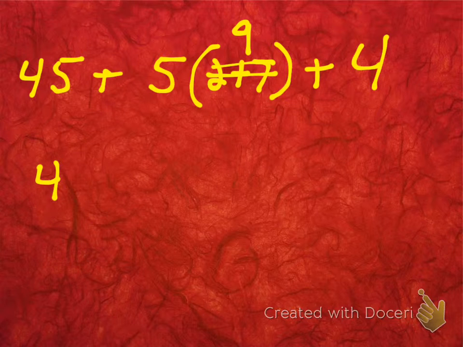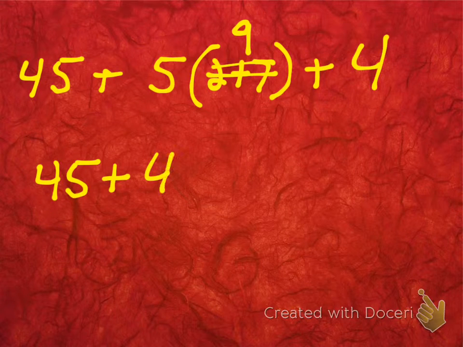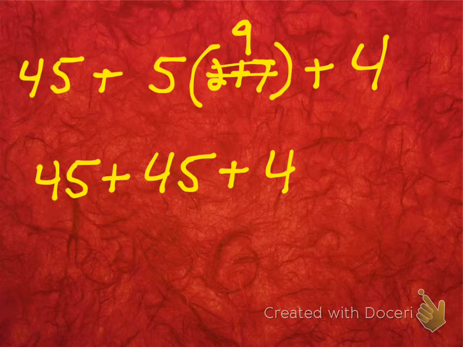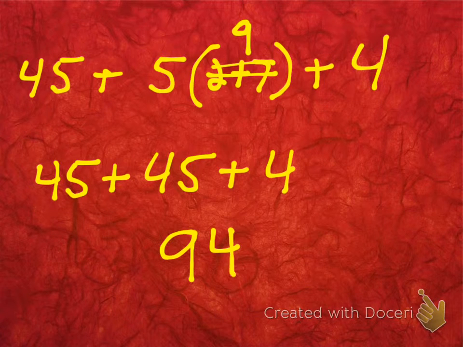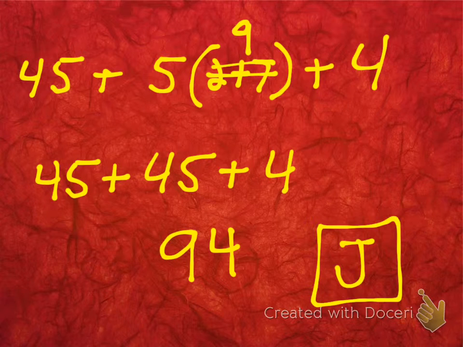Alright. So we have 45 plus, what's 5 times 9? 45. Plus 4. Alright. What's 45 plus 45? 90. Plus 4. 94. J would be our answer on that one.